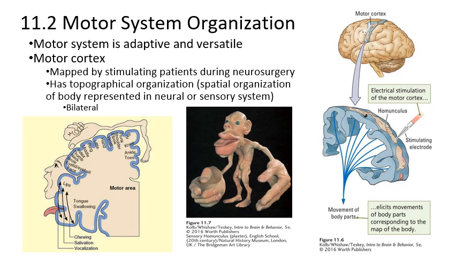The motor cortex has a topographical organization, which, if you remember from before, means a spatial organization of the body that's represented in neural or sensory systems. For example, in the motor cortex, if you look at this image on the left, the thumb is near each of the fingers.